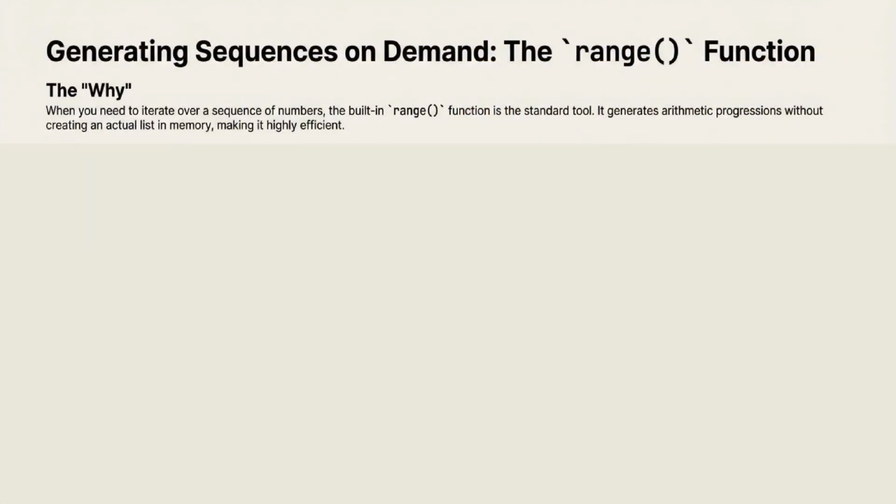Now let's look at a very important and commonly used function in Python loops, the range function. Whenever we need to iterate over a sequence of numbers, the range function is the standard and more efficient tool to use. Let's go through the most common patterns of using range.